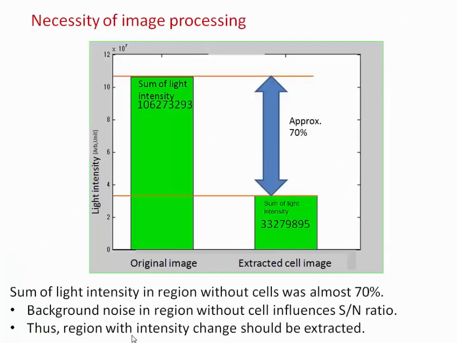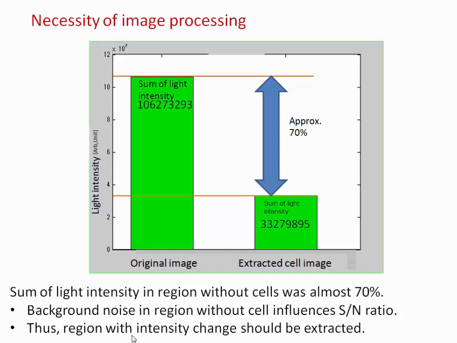This slide explains why image processing is necessary. This is the sum of the brightness, and the original image is here. This one is after extracting the cell image, and about 70% of it is suppressed.